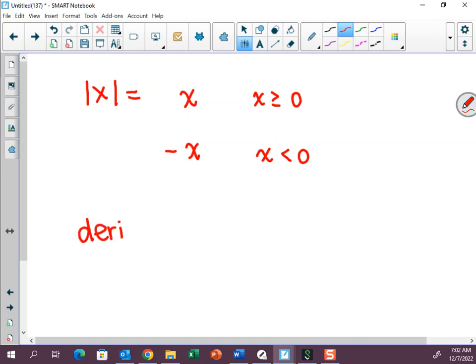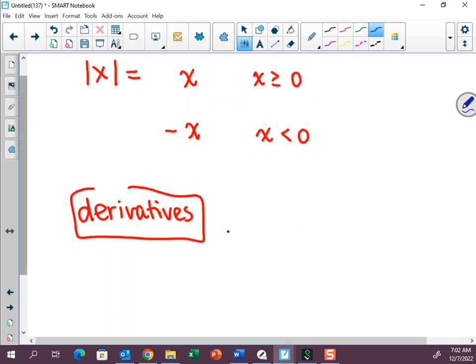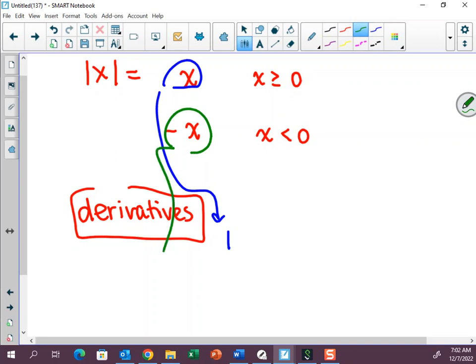And so if we were going to translate this into derivatives, the derivative of x is just 1. The derivative of negative x is -1. So my derivative for the absolute value function is also a piecewise function.